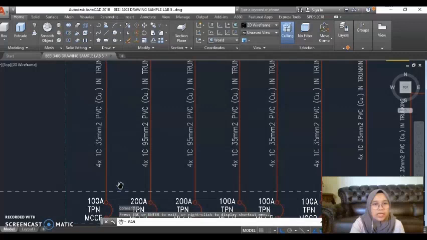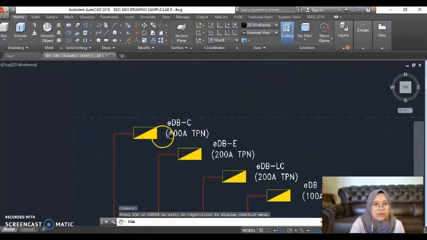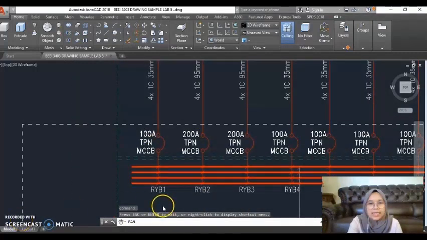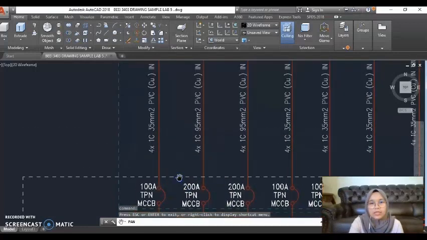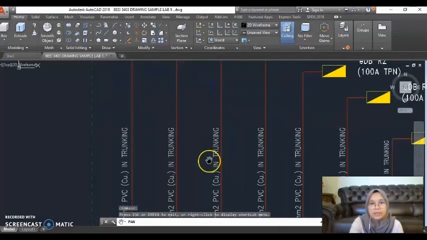of 4 times 1C 35 mm square PVC to the outgoing switchgear of EDBC1. Next is RYB2. For RYB2, the rating for the MCCB is 200 ampere TPN with the cable size of 4 times 1C 95 mm square PVC, and the outgoing switchgear is EDBE 200 ampere TPN.